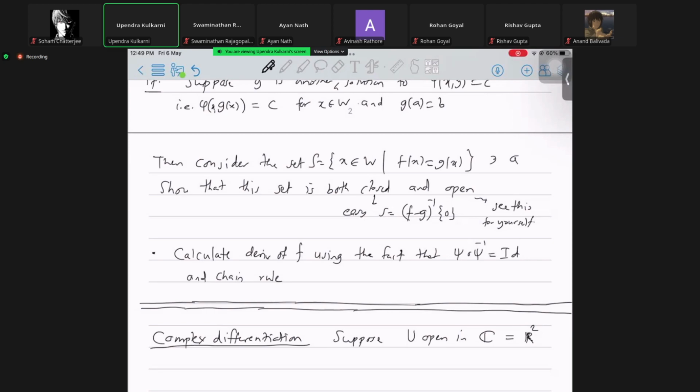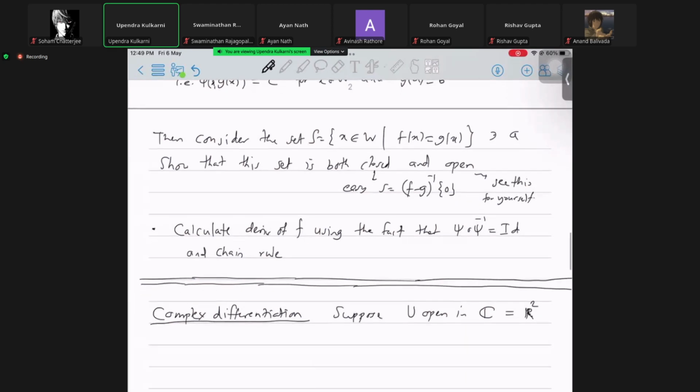And now suppose I have a function. So consider f, real differentiable.